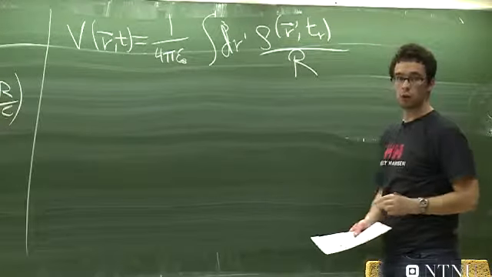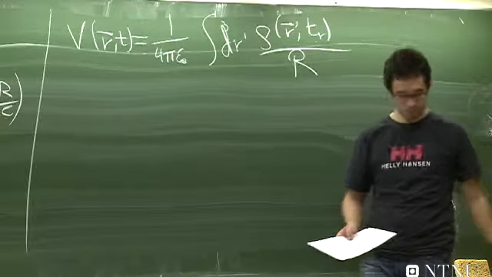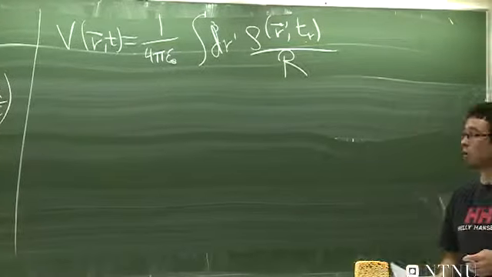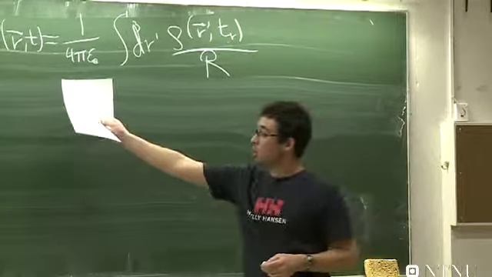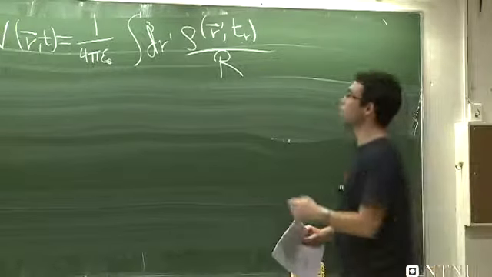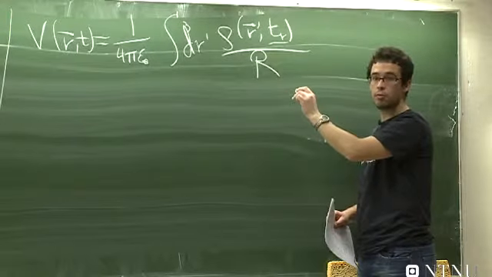The time integral is gone. We see that the only contribution is from this retarded time. So not only does the potential take some time to travel here from the past, but the potential from this charge distribution depends only on what happened at the retarded time.